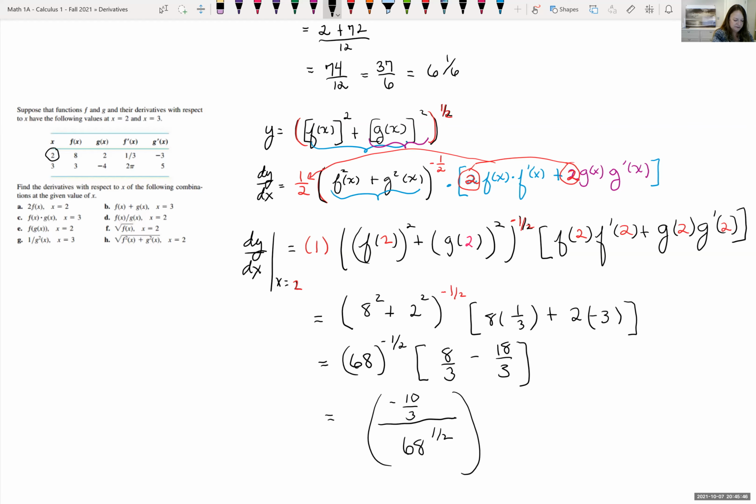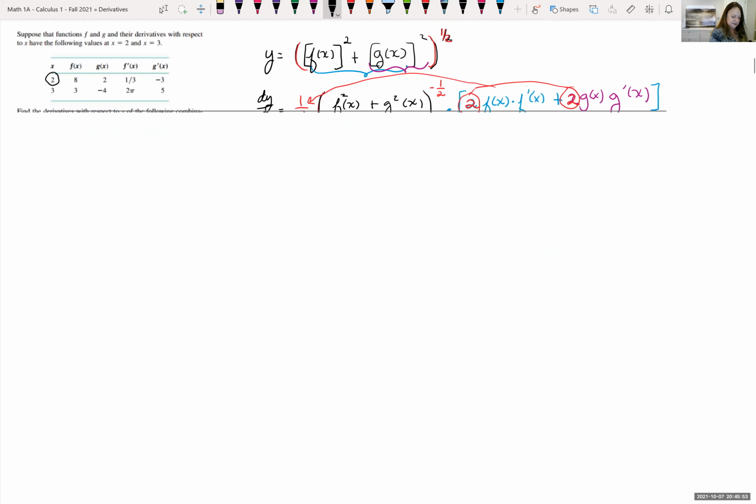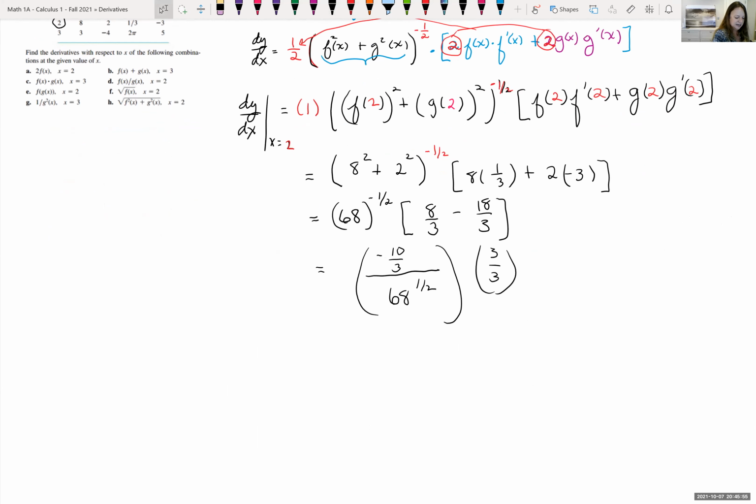I don't like fractions within fractions. So this gives us negative 10 all over 3 square root of 68. Which has a perfect square in there that we can pull out.